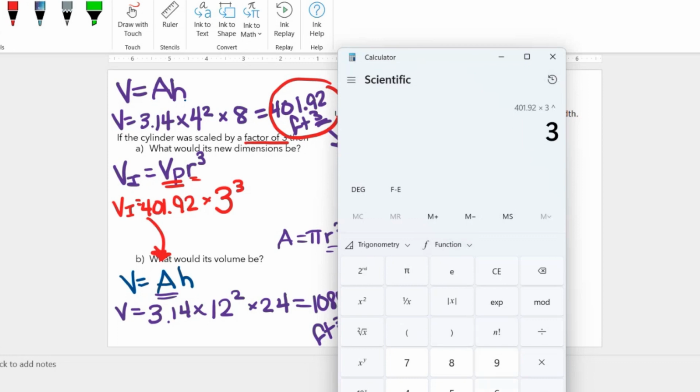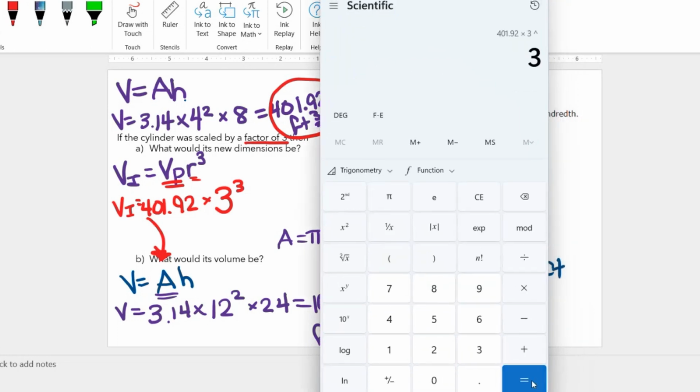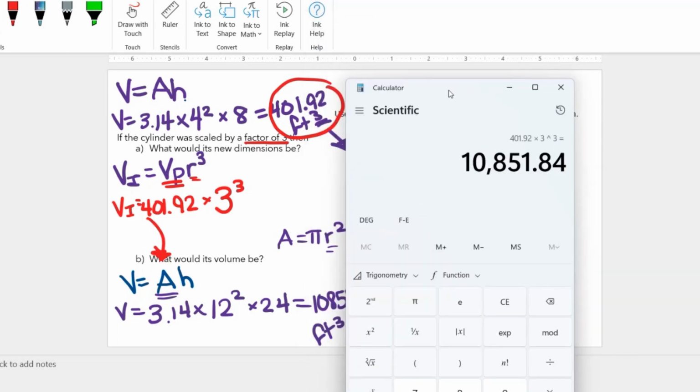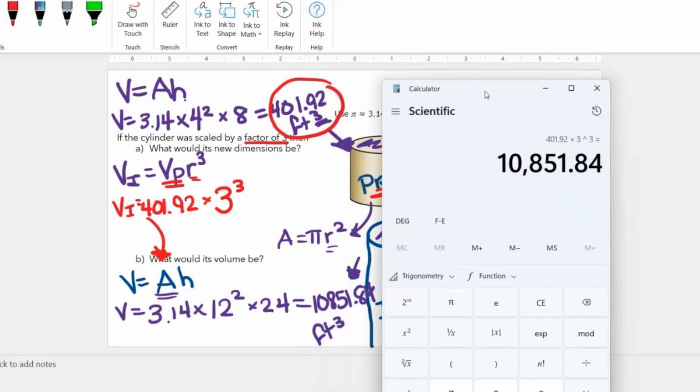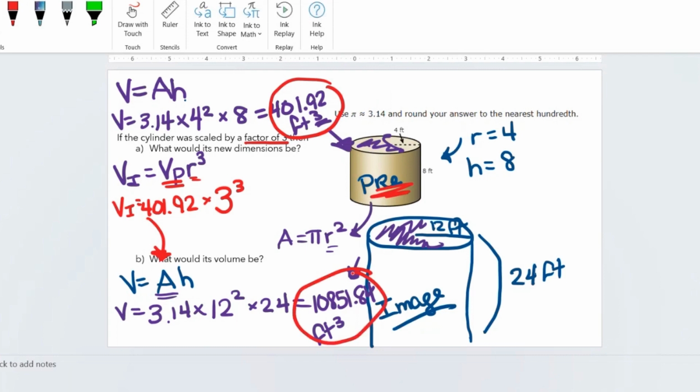I'm going to put another 3 in, and then I will hit equals. And you can see, just like that, I got the answer of 10,851.84, which was exactly what we got here.